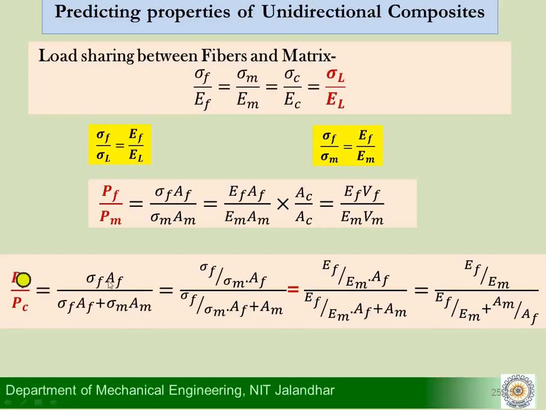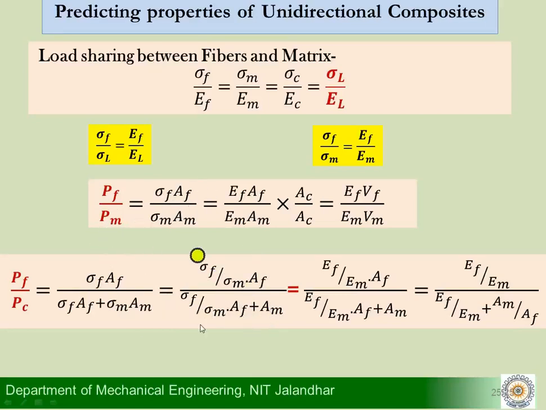I can simply write this expression as sigma F into AF, that is PF, and PC is what we have, that is PF plus PM. So PC is sigma F into AF plus sigma M into AM. Going forward, we then divide the whole of the expression by sigma M. So when I divide this expression by sigma M, what I get is sigma F by sigma M into AF upon sigma F by sigma M into AF plus AM.